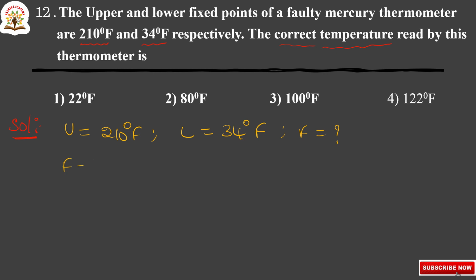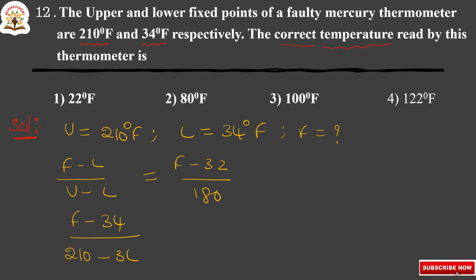(F minus L) by (U minus L) is equal to (F minus 32) by 180. So here substituting the values, F minus L, they have given L as 34 and U as 210, minus 34, is equal to (F minus 32) by 180.